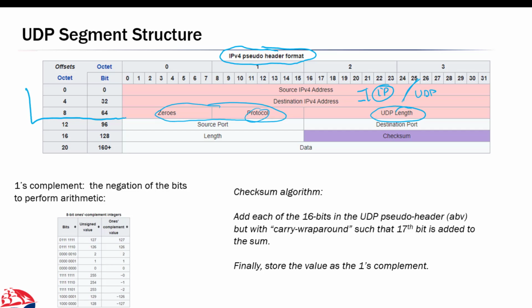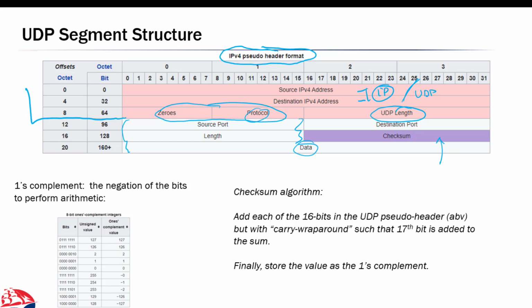And then we're going to use the header of the UDP message, and we're going to then use the data, and we're going to compute a checksum, and that checksum is going to be stored in the UDP header. It's the last field of the UDP header.